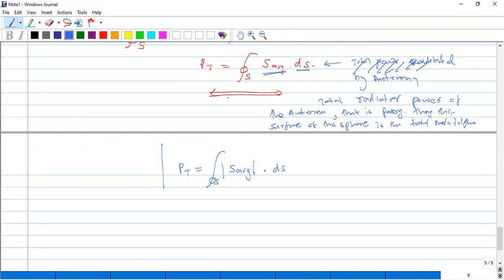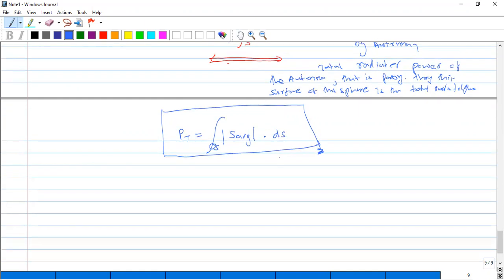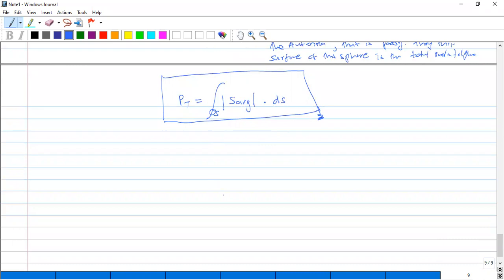So you can use this identity to calculate the total radiated power of the antenna through the surface of the sphere. It is a sphere, no?